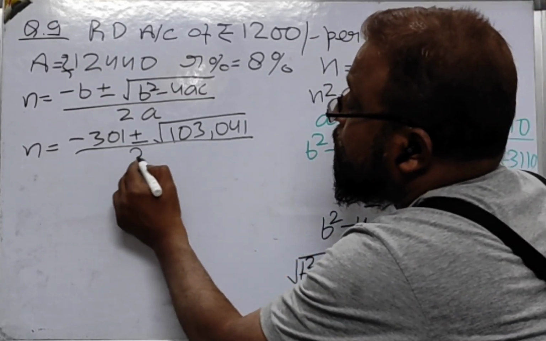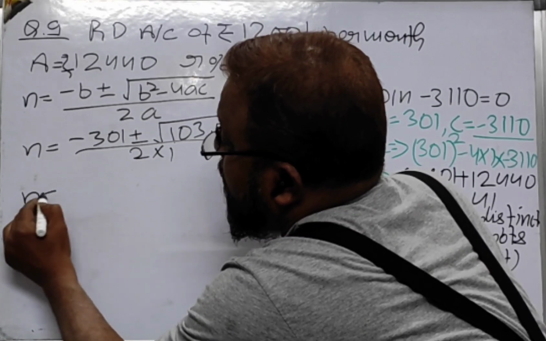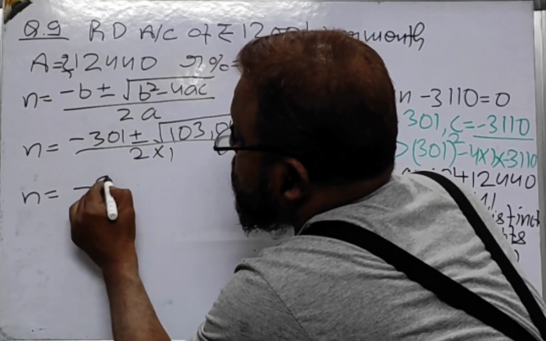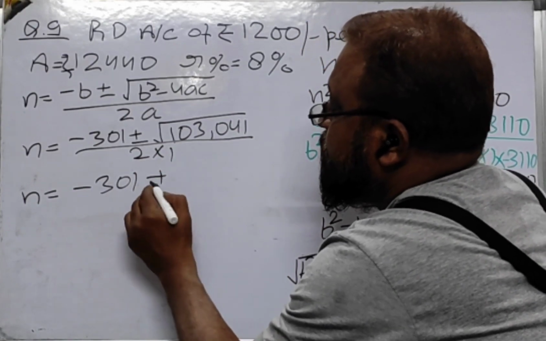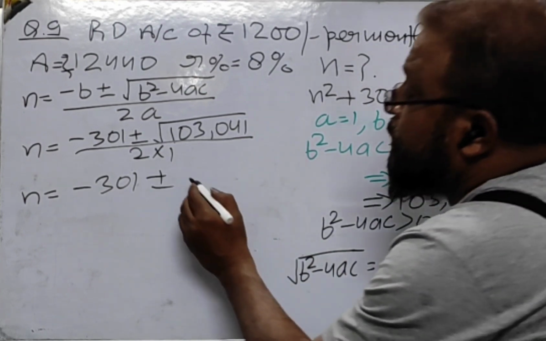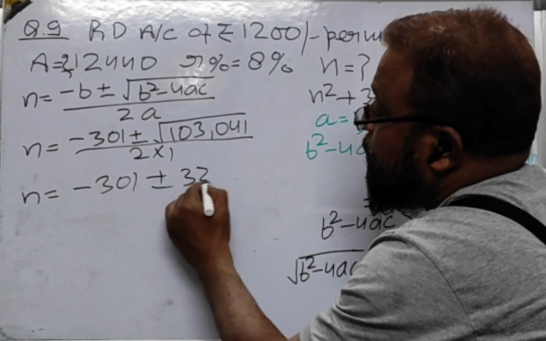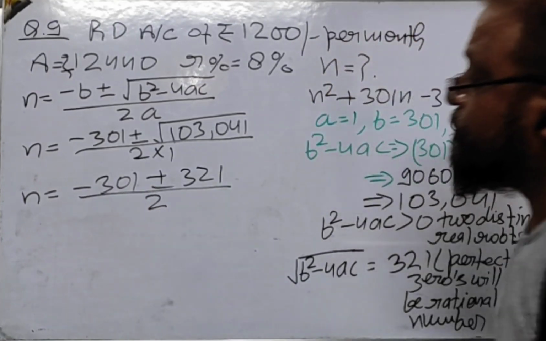So now n is equal to minus 301 plus minus 321 upon 2, since the perfect square is 321.